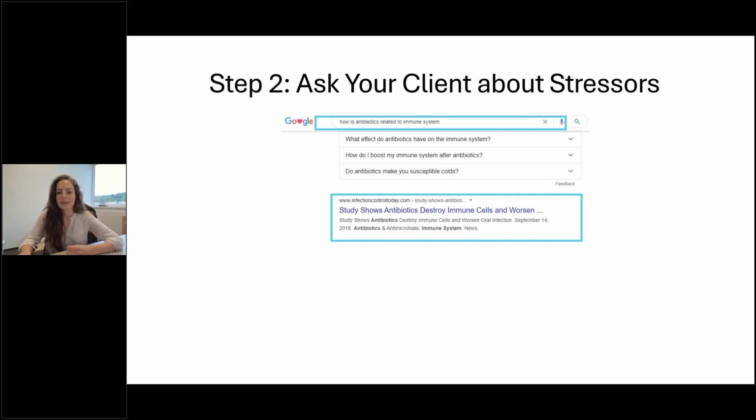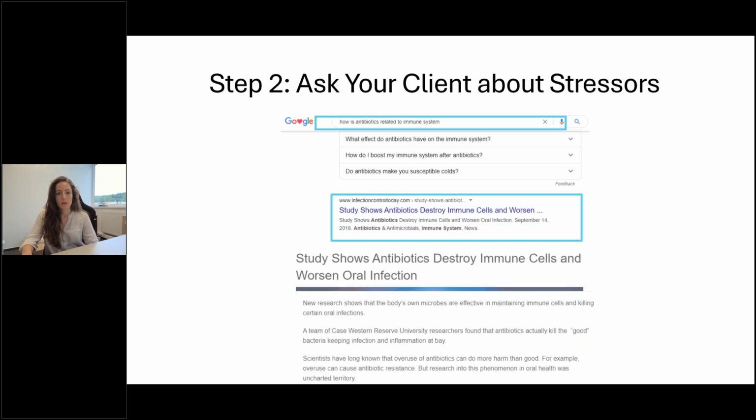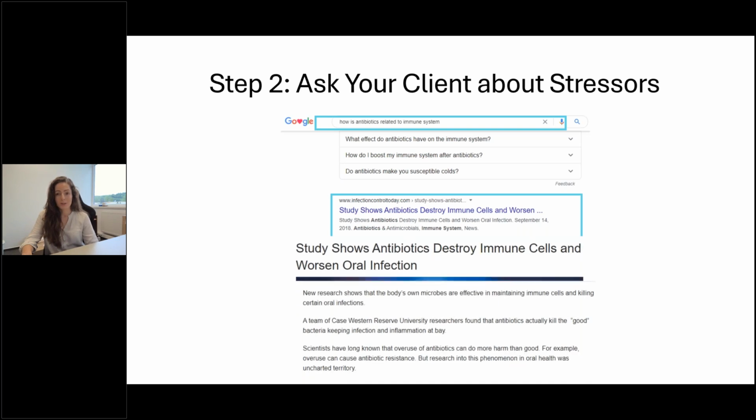So I Googled, how are antibiotics related to the immune system? And just like that, I got to a study of university researchers, which gave me plenty of information about the relationship there. So from now on, whenever this repeats, and this actually often repeats, antibiotics are very often an important stressor for clients for the immune system.